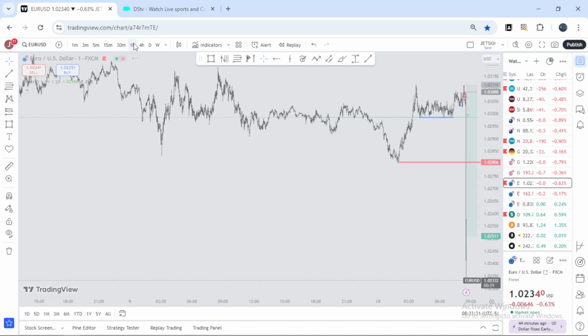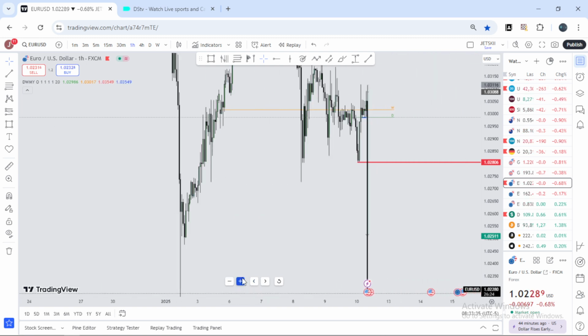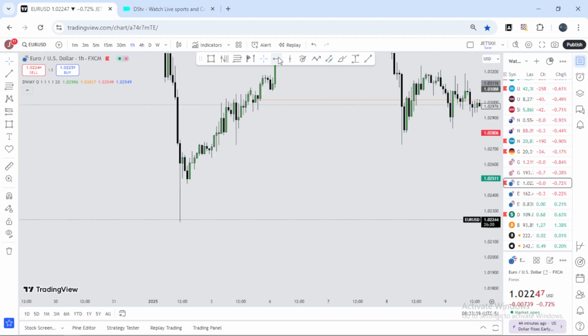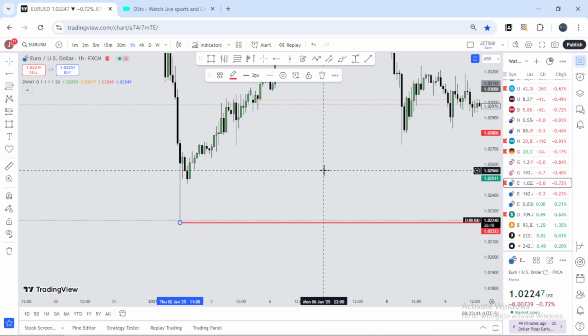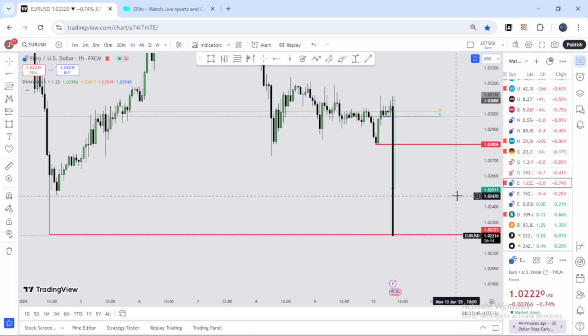So if we go into an hourly chart, you will see that on the hourly chart, we have this low. So we can be looking for that low, as you can see. And let me take some few profits again.